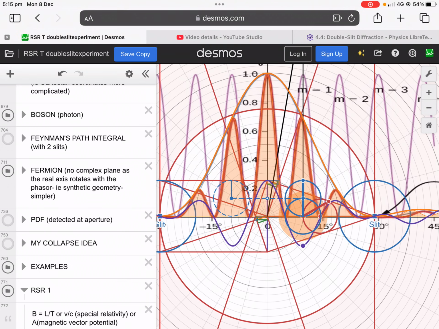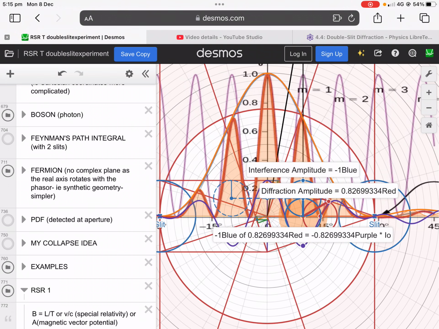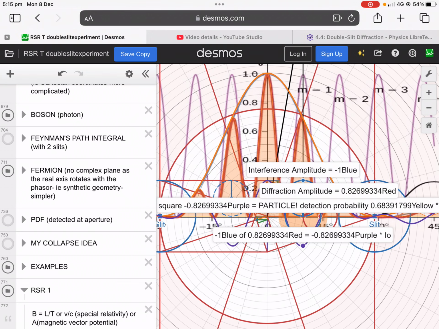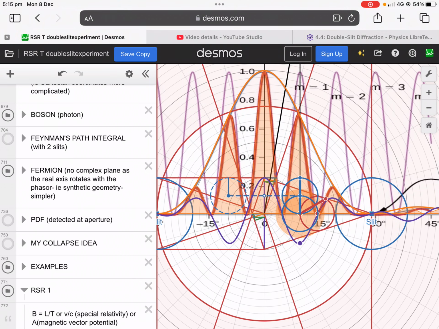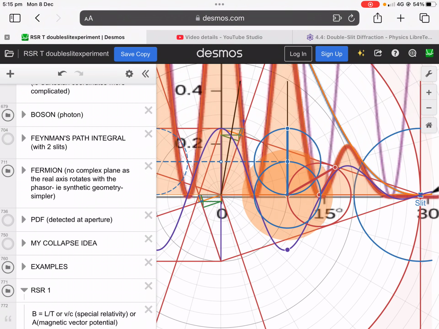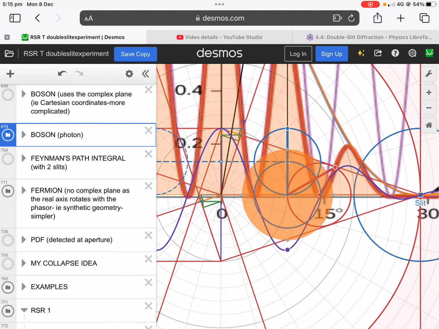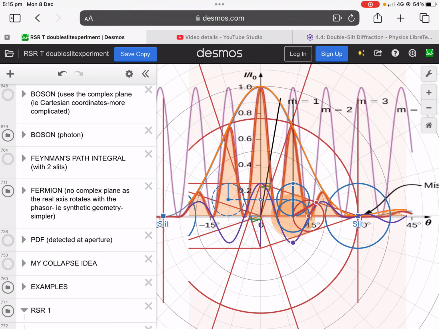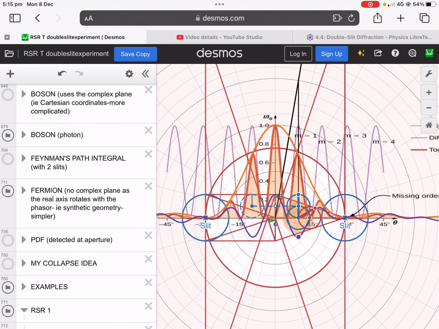In that case, you get 1 times 0.82 again, multiply them together, you get the purple wave, and then square it, and you get 0.683, which is the total amplitude. It's the actual probability, 68% probability of that photon hitting there. That's what it is.